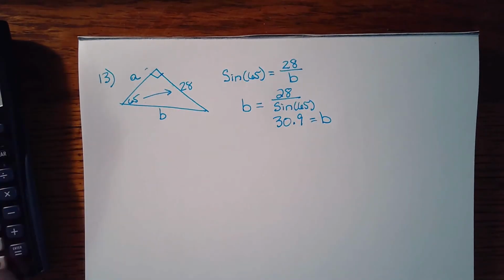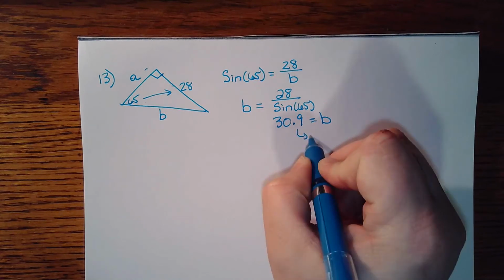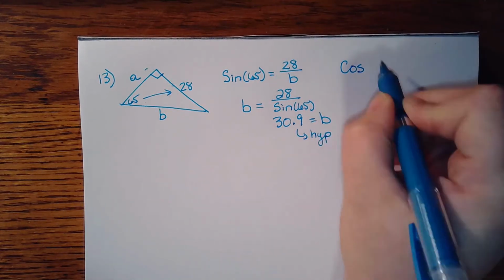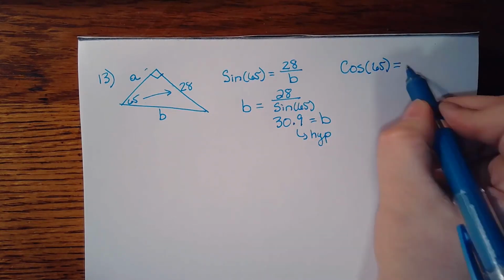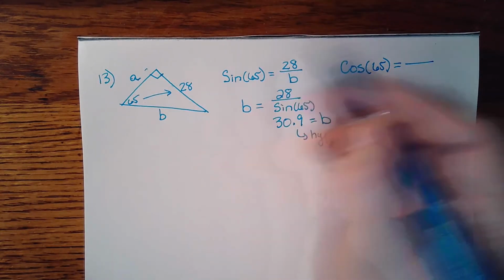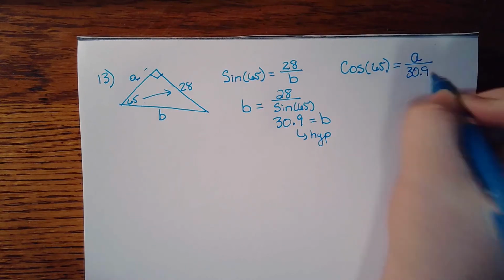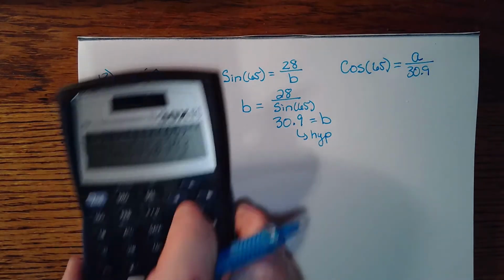Now, we're going to use cosine. So this is my hypotenuse. Remember, this is a hypotenuse. So when we do cosine, it is going to be still 65, but this time you're using the adjacent leg. So the adjacent we know we don't have. So we're going to put the A above here with the hypotenuse 30.9 up above. Now you're going to multiply that up.